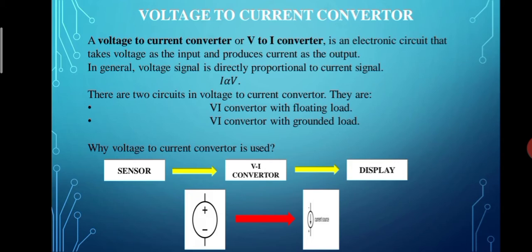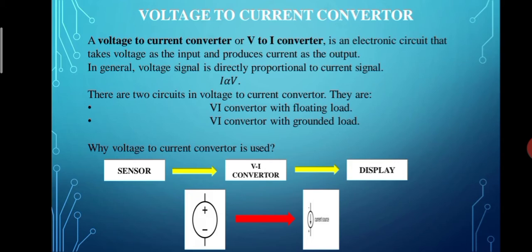Where are these types of circuits used? These circuits are used in industrial applications as well as instrumentation. For example, in measuring important parameters like temperature using a sensor, a voltage to current converter is used.